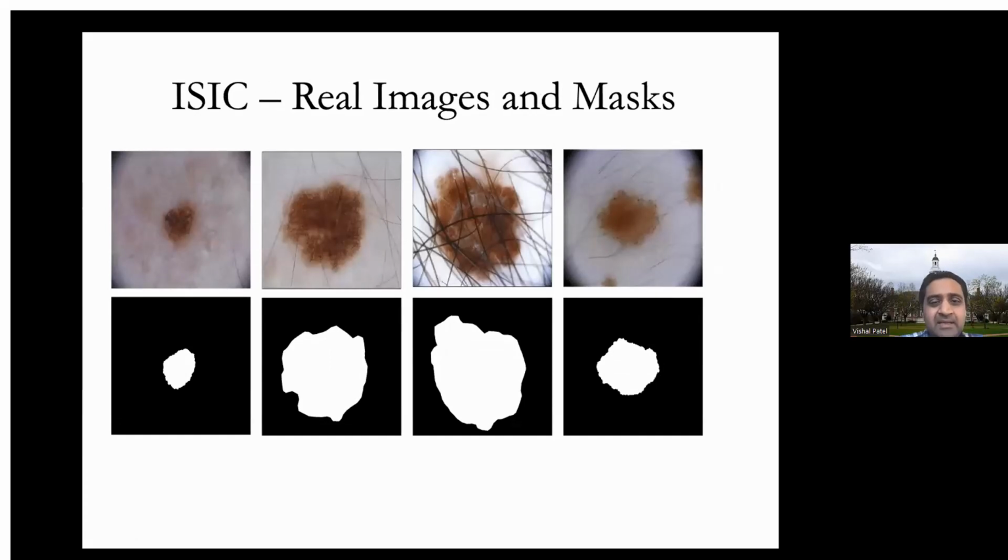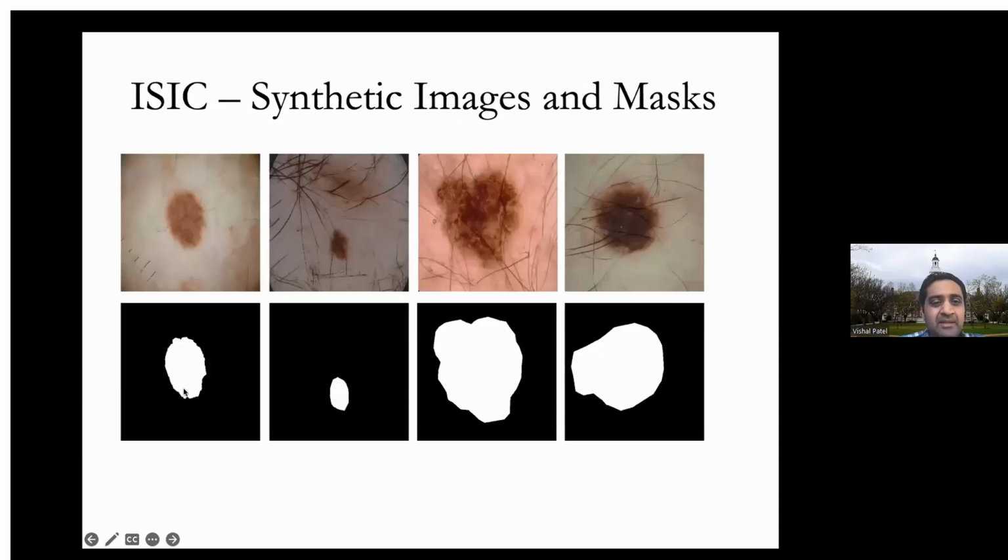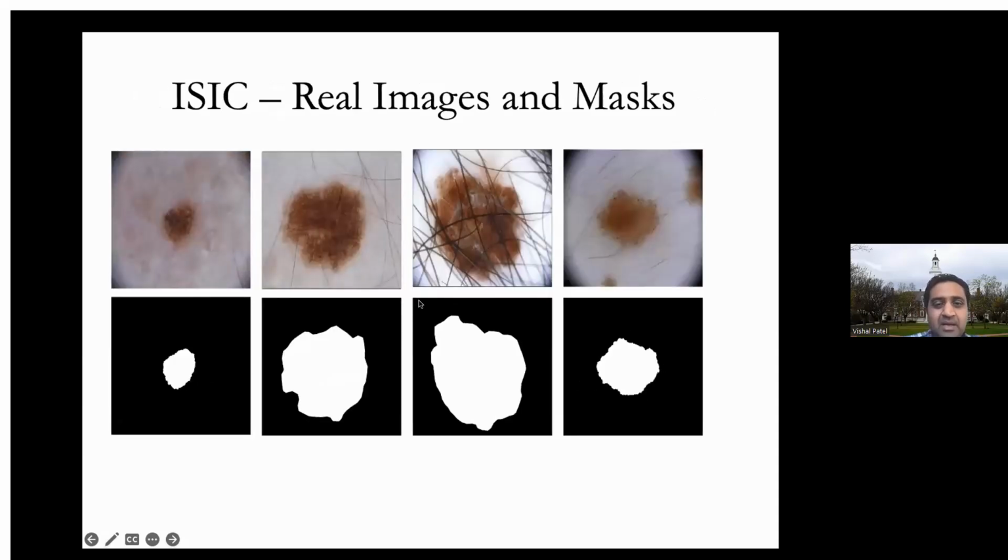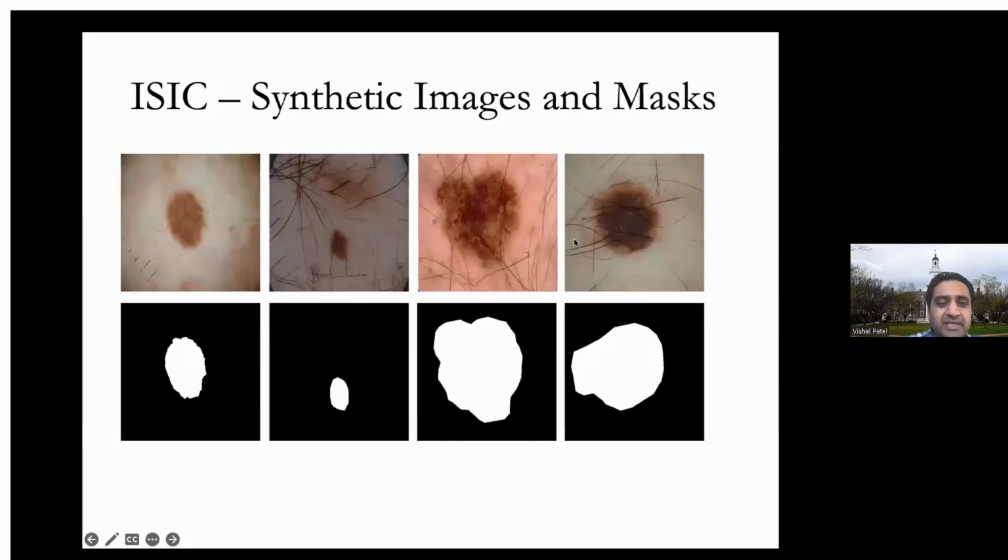And finally, this is another data set that we dealt with. Here you have different types of tumors or moles on the skin, and images and the corresponding masks. These are the images generated by our algorithm, and when you look at them, this is very significant. You just cannot tell the difference.